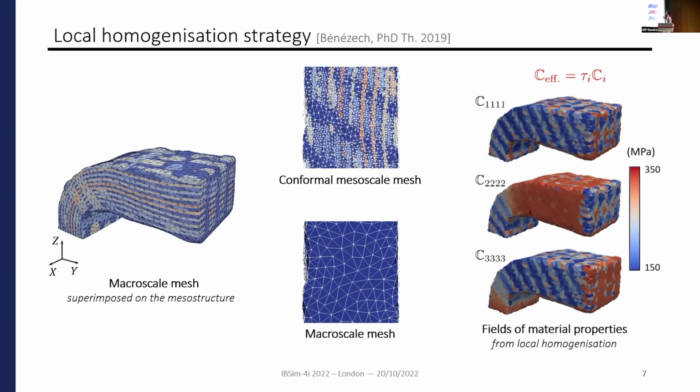And this homogenization is quite simply performed using an equivalent laminate model. So in fact, the stiffness matrix of each macro-scale element is a mean of the stiffness matrices of the materials it contains. And then we can obtain fields of properties that depend on the element. On those fields, we can still see the geometrical features. So the fiber elements are visible, for example, in the property. Here 1 is the x-axis, 2 is the y-axis, and 3 is the z-axis.